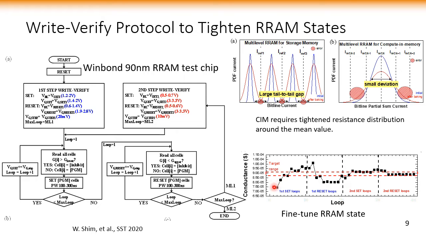This is the target range, and we apply first the pulses, and then it will be out of target, and then we apply the second pulses. Sometimes we may overshoot, so we need to do this set loop and reset loop, and then finally we fine-tune the pulse amplitude to converge the conductance to the final target.